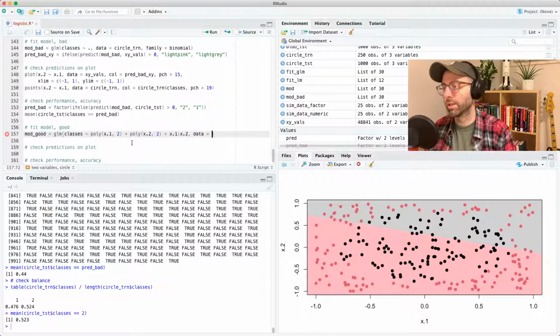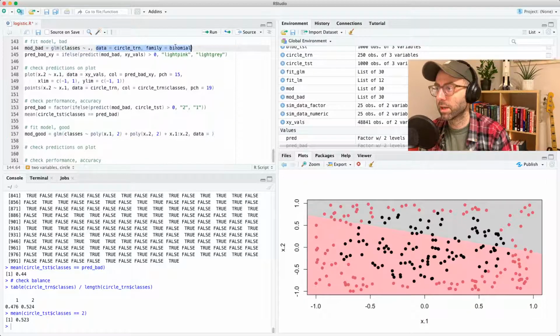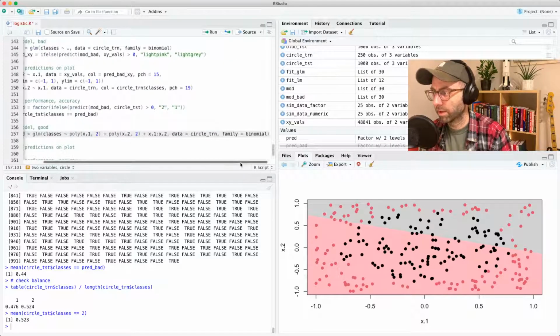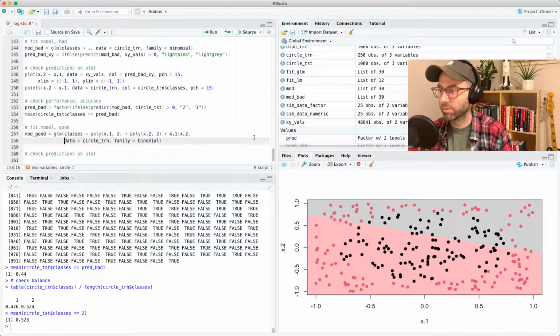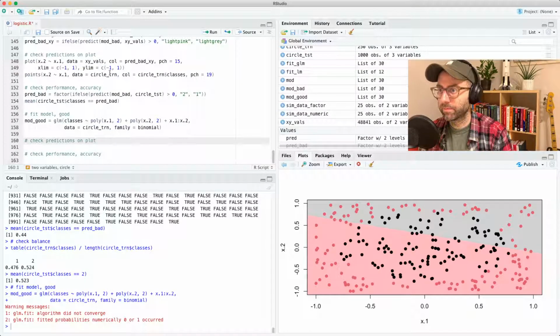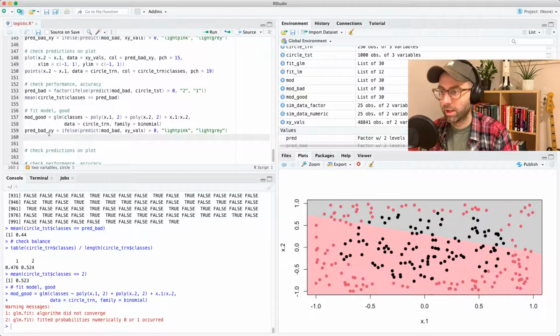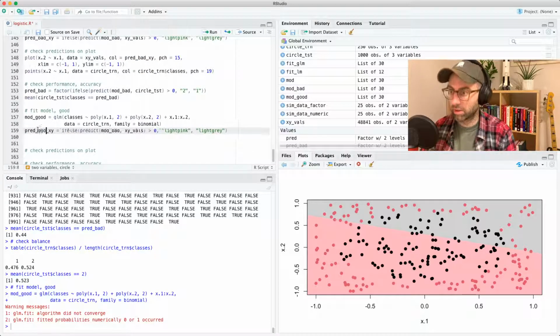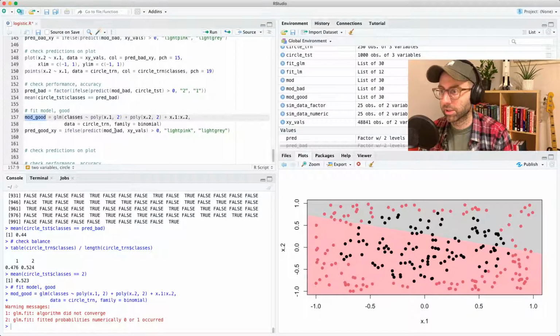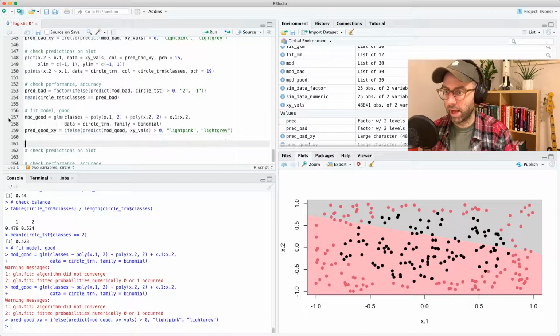And the data is, well, I can just kind of steal this now. Okay, cool. I can just steal some of my own code. So this will just get called good now, and we should do the predictions on the good model, so that's all the same. So let's do that.